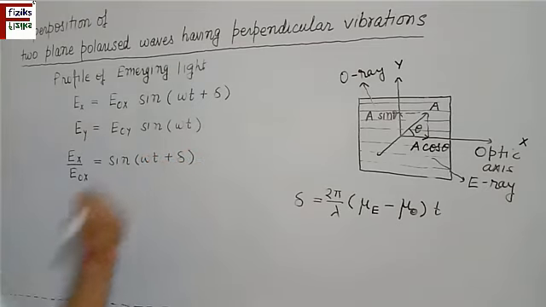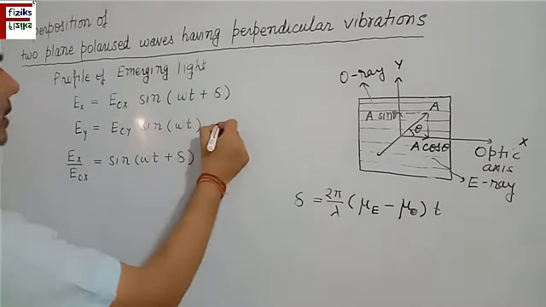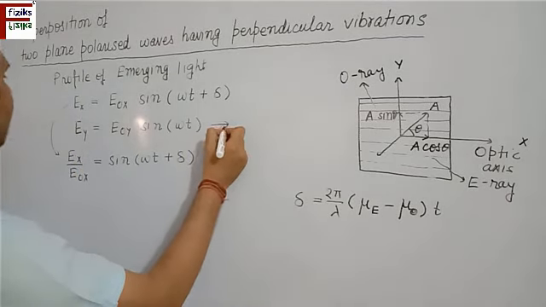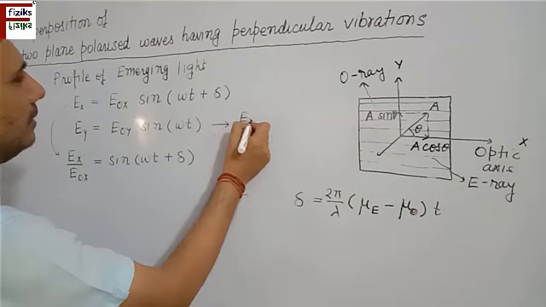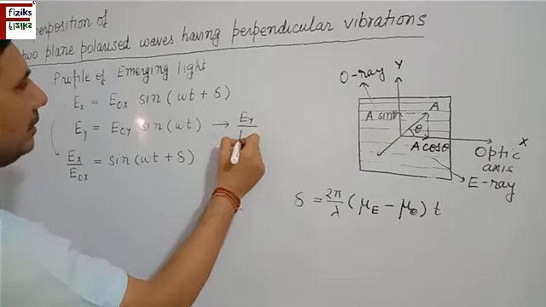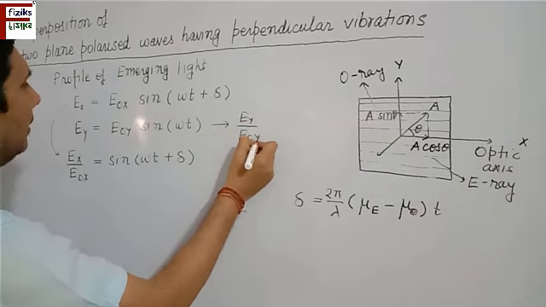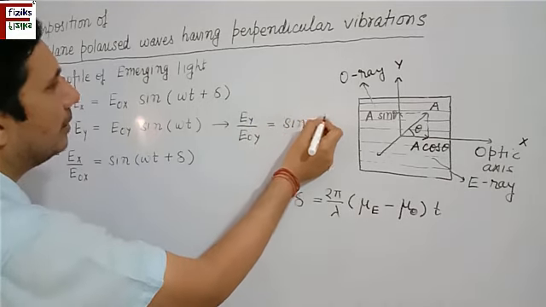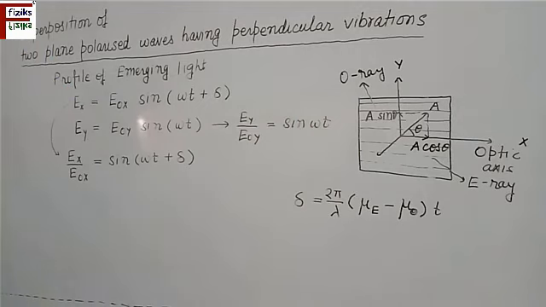I can write like this, and this equation, Ex, is written like this, and I can write this equation as Ey upon E naught y equal to sine omega t. Now I will combine these two equations and I will try to find out the polarization of the emergent light.